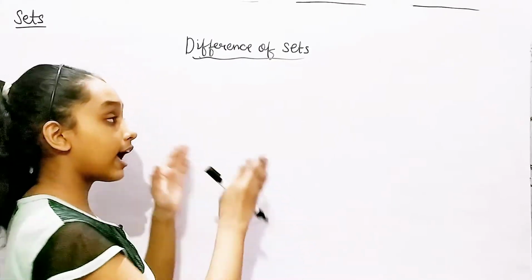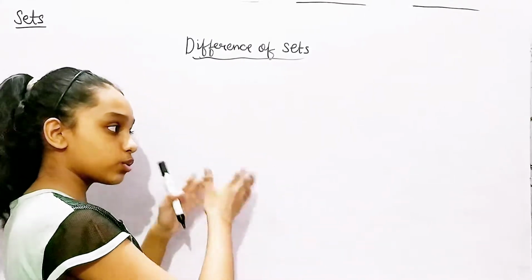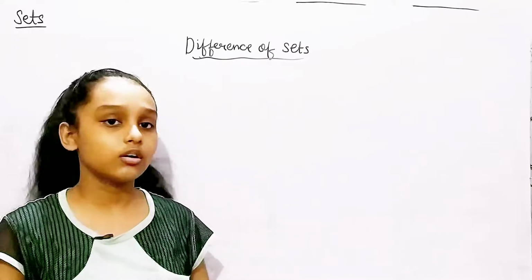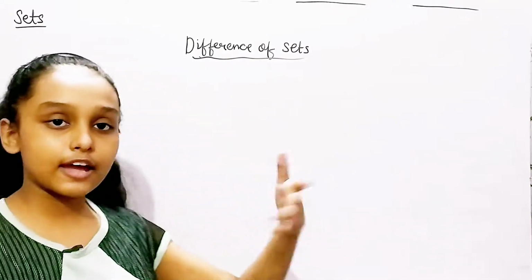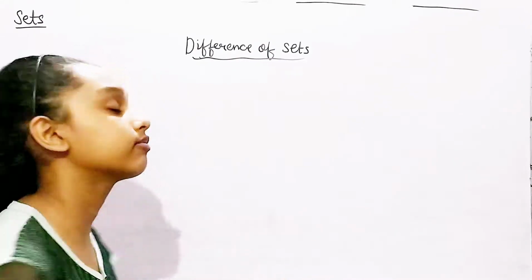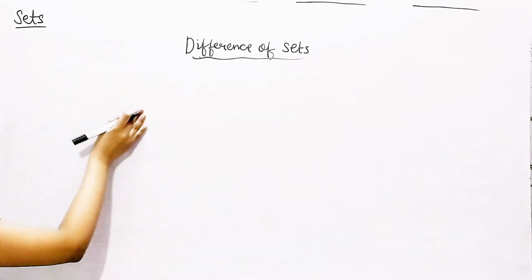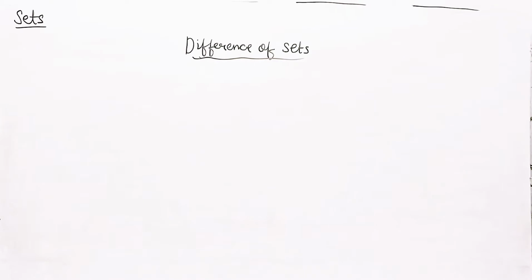We have to find the elements which belong to one set, but the other one doesn't contain. Let me write the statement that I've just told you here. So we've taken two sets, and the difference of sets is written A minus B.